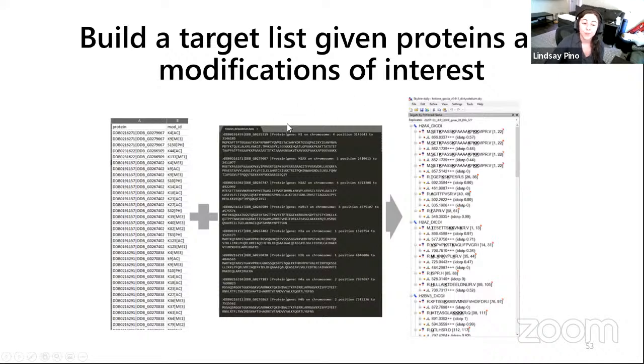Take a FASTA of the proteins you're interested in, and then using what's called a Cartesian product, calculate all the possible combinatorics for those peptides. So it's important in Skyline that we're monitoring for all these combinatorics to be sure that the peaks, the chromatograms that we're seeing, truly belong to that particular isoform, that particular PTM peptide.